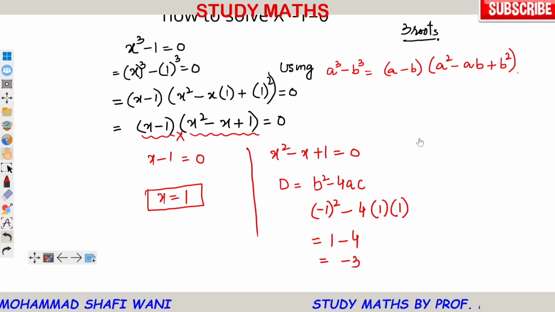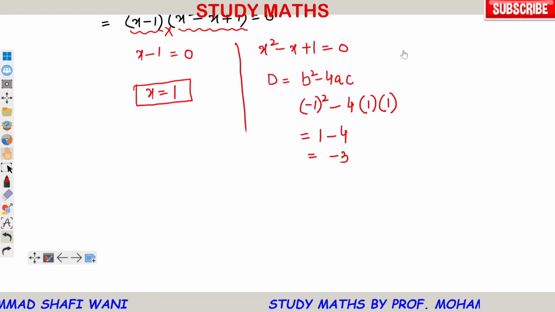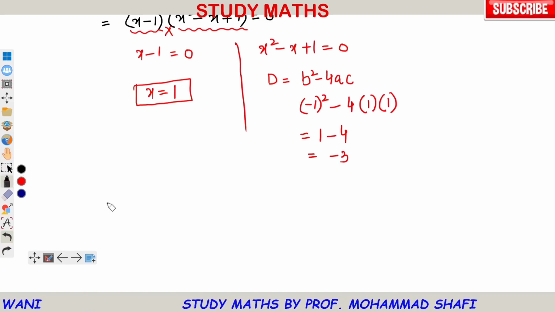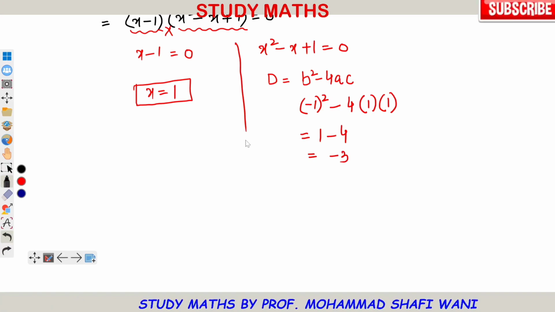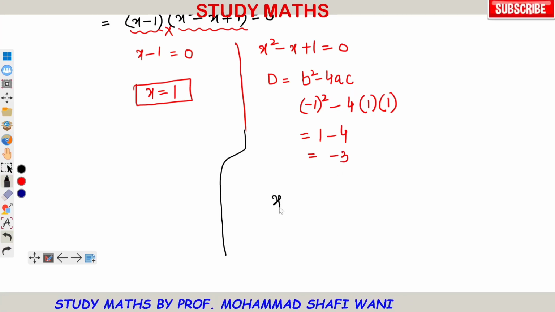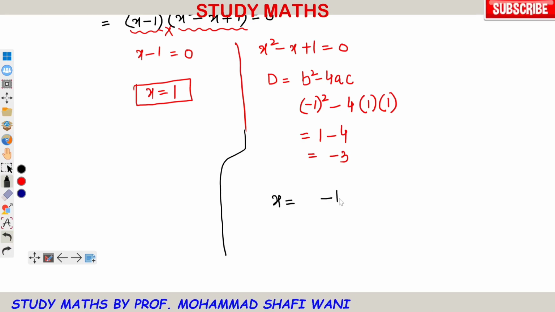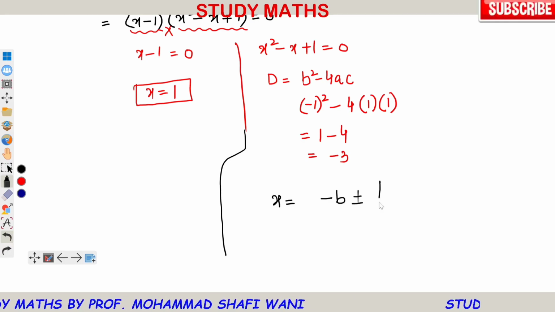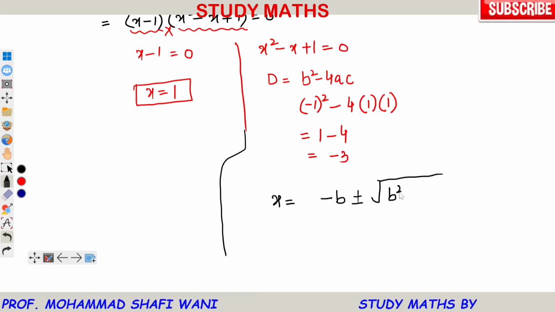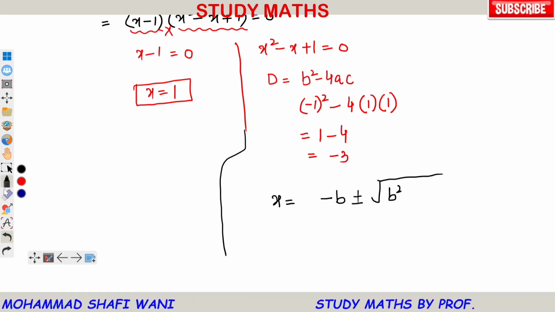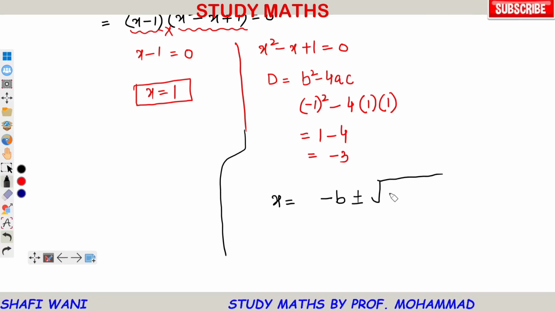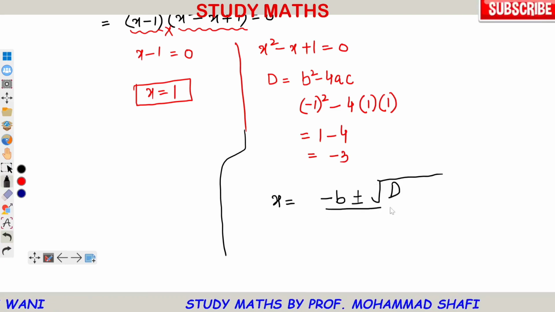So the discriminant is equal to minus 3. It will have two roots and both roots will be imaginary. Let me find out the two roots. The value of x will be equal to minus b plus minus under root of b square minus 4ac, or simply we can write it as under root of D, divided by 2a.